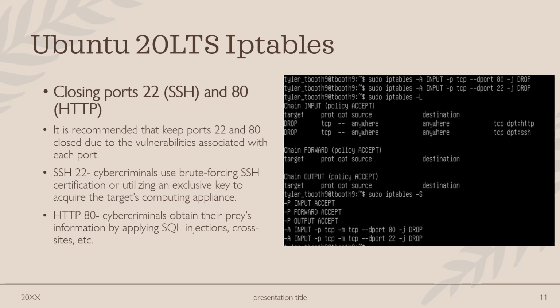With port 22, hackers can use brute force SSH authentication or a special key, acquiring the target's computer. Or using HTTP port 80, hackers obtain credential information by applying SQL injections, cross-site attacks, etc. So it's definitely recommended to keep these ports closed because these ports are open to the public. So definitely want to keep that closed.